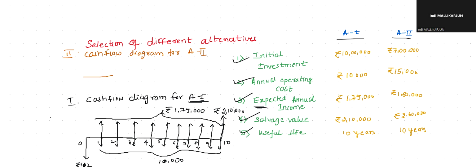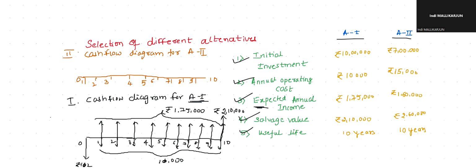For this alternative also, the useful life is 10 years, from the 0th year to the 10th year. This will be the 5th year, 4th, 3rd, 2nd, the first year. Next, the 6th year, 7th, 8th, 9th, as well as the 10th year.